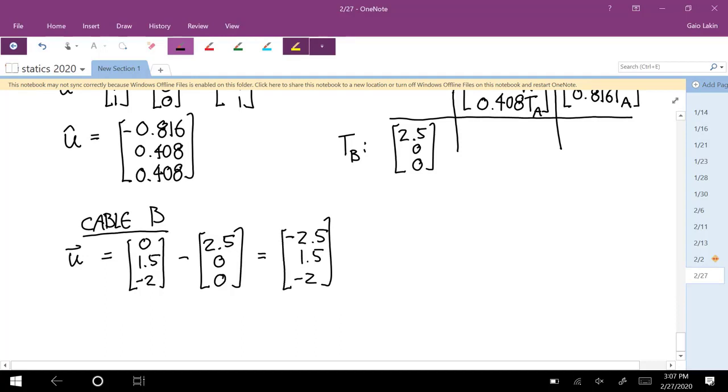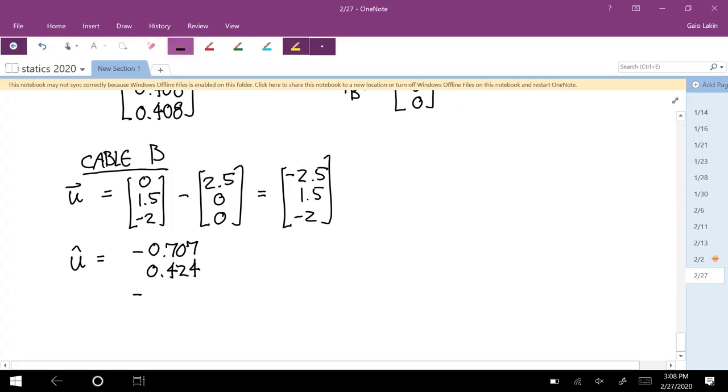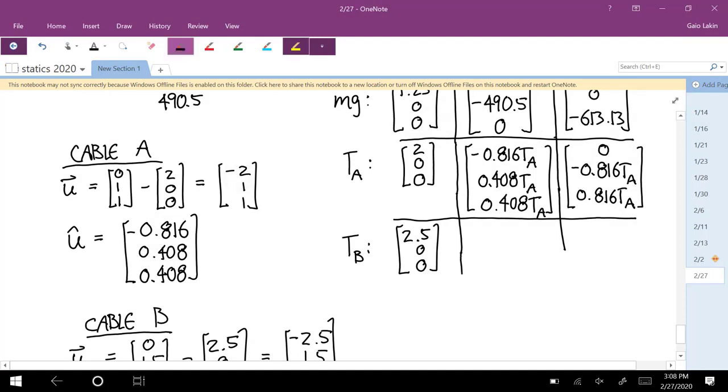And then a unit vector in that direction: figure out the magnitude, divide every component by the magnitude, and you get negative 0.707, positive 0.424, and negative 0.566. So the force vector is that unit vector times TB.